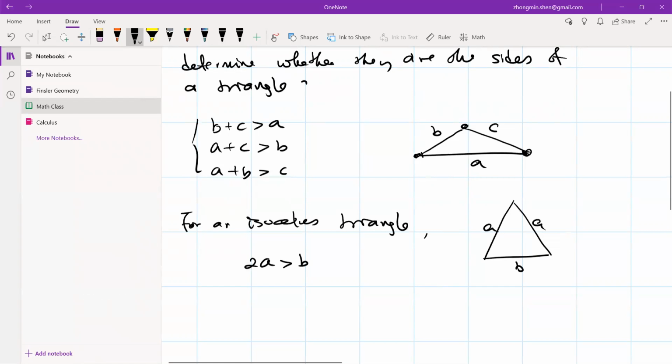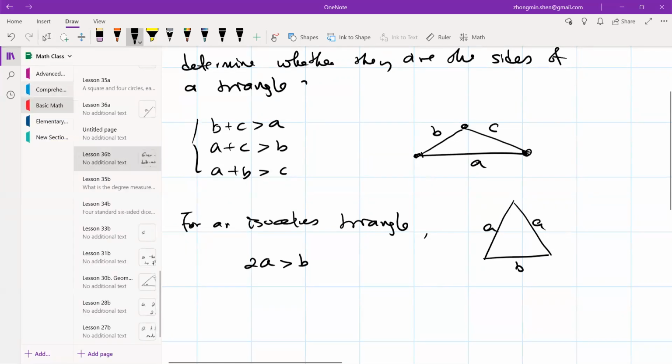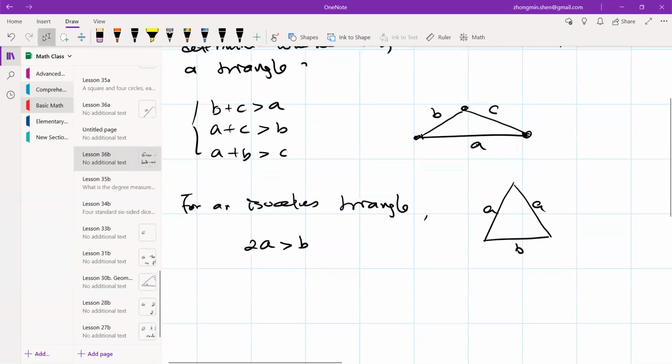This is the only inequality needed to check.